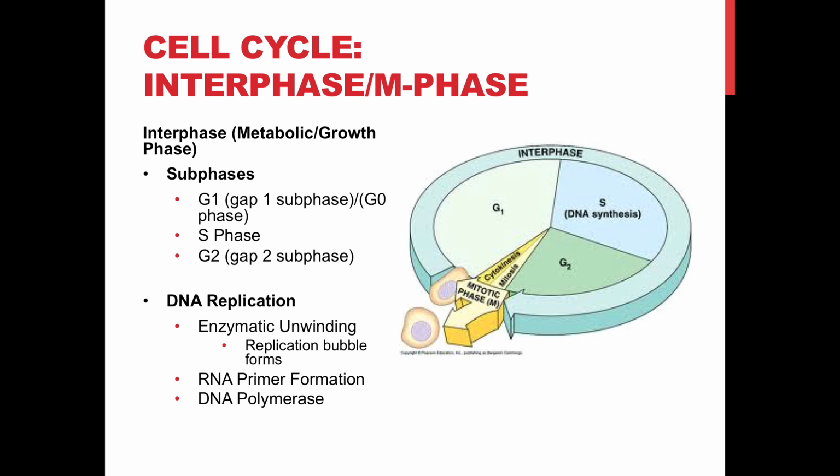So step 1 is basically enzymatic unwinding. Step 2, once the bubbles are formed, the parental DNA strands are ready to serve as templates for making the complementary DNA strands from free DNA precursors dissolved in the nucleoplasm. So all the structures to make DNA are just floating around in the nucleoplasm.